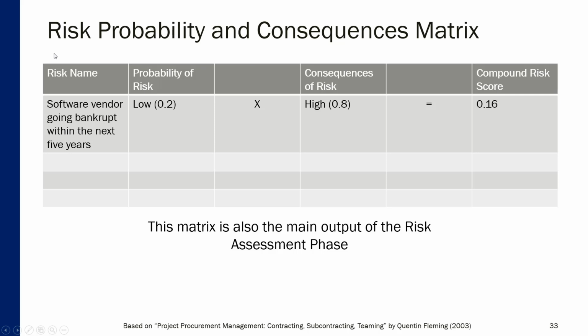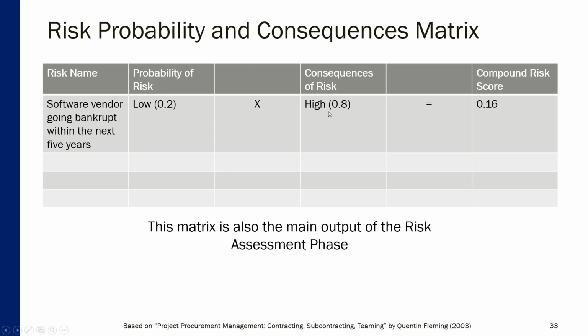Then, based on this input, a risk probability and consequences matrix or table can be created. So here, as an example, you have the following risk: software vendor going bankrupt within the next 5 years. Now, the probability of this event can be very low, estimated at 0.2 or 20%.